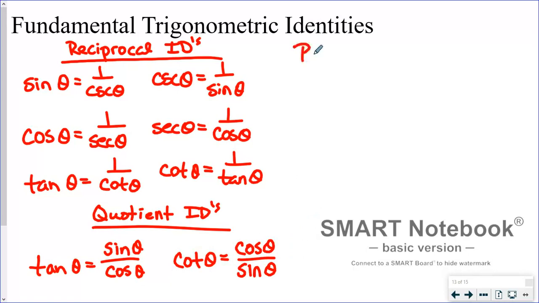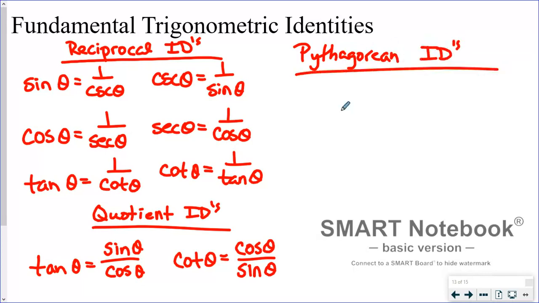Right, then we also have our Pythagorean identities. We have three of these. All right. The first one is sine squared theta plus cosine squared theta is equal to 1.